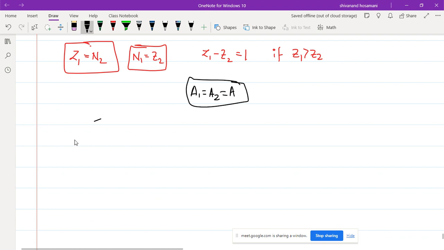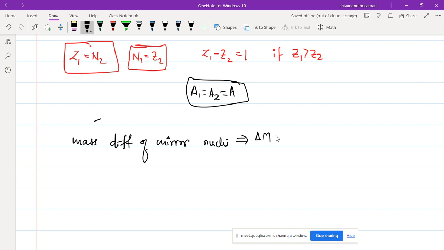Actually, we read that the mass difference of the mirror nuclei is given by delta m equal to (mp minus mn) plus 2 times AC into (Z minus 1) divided by A to the power of 1 by 3.